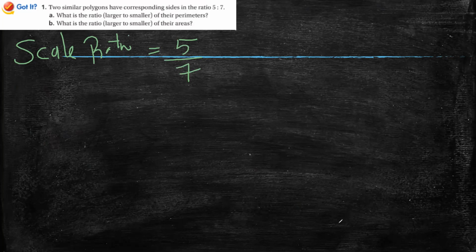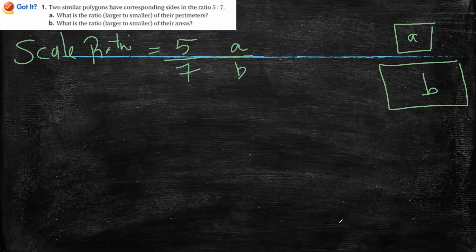This is A over B. So what does it mean? That this first shape is A and the big one is B. Why do we say that the first one is A and the big one is B? Because 5 is for the small shape and 7 for the larger one.